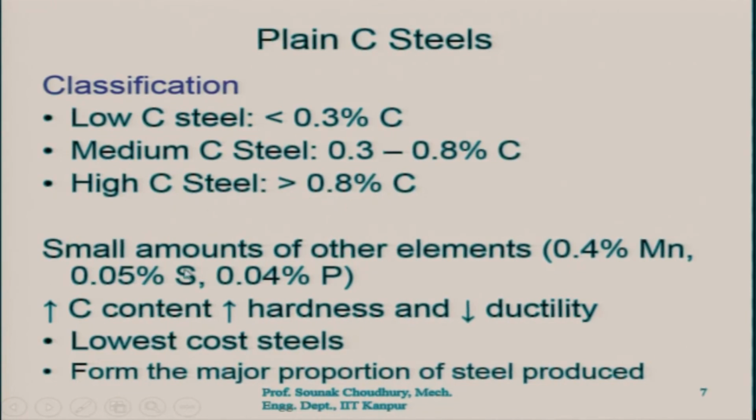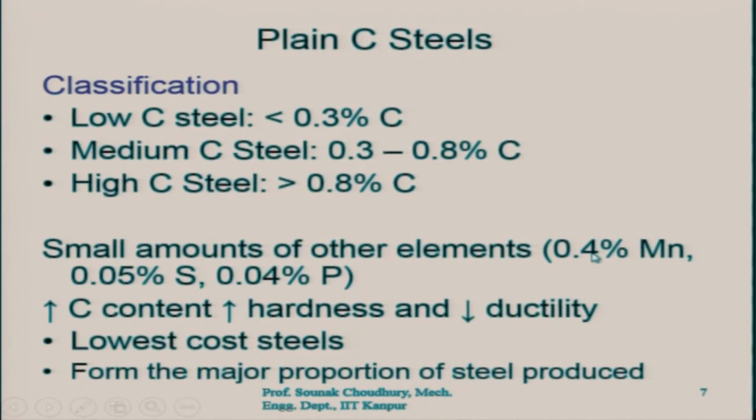Now, small amounts of other elements apart from the carbon are present, like 0.4% of manganese, 0.05% of sulfur, 0.04% of phosphorus. These are the materials added along with the carbon in these percentages.